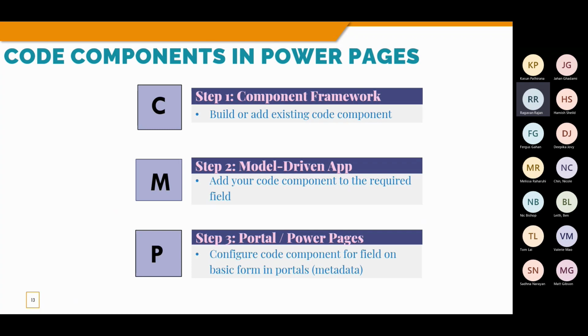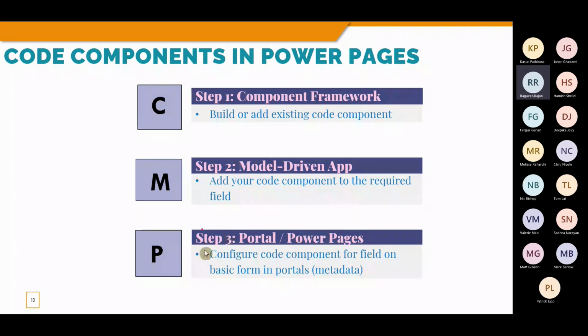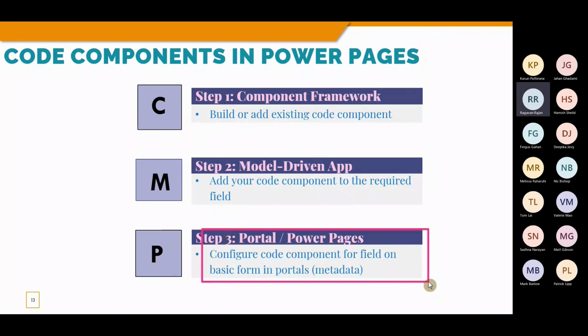And then on the portal Power Pages, this is the new thing they have introduced. So here, all you need to do is one little step, which is this bit. So you can see there is a metadata configuration. That is the extra bit we need to do. And then you will get your code components in Power Pages.